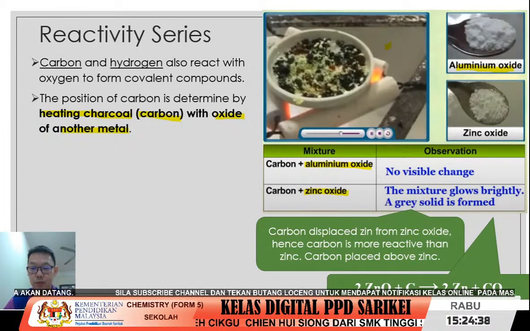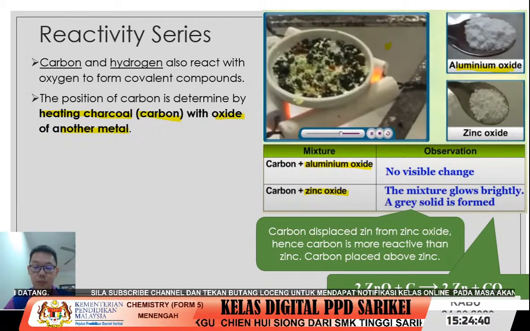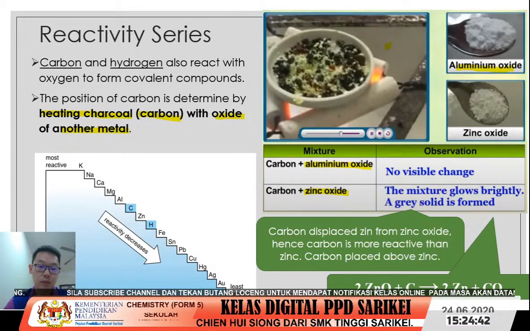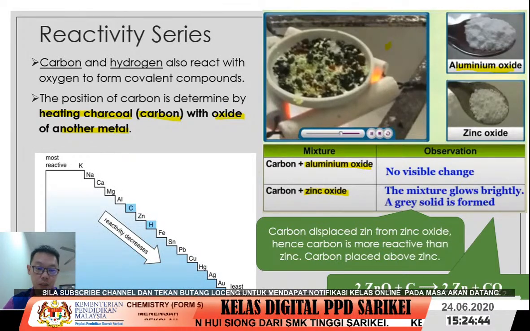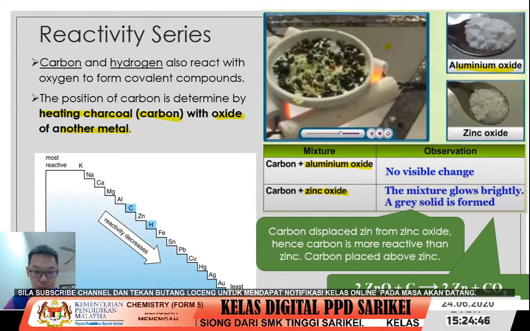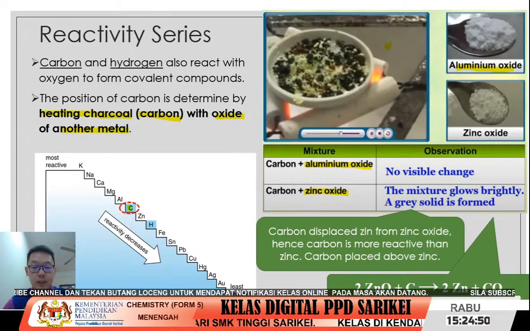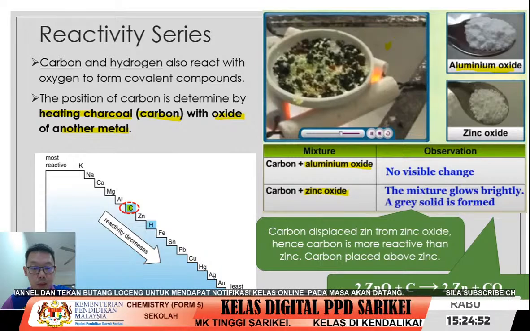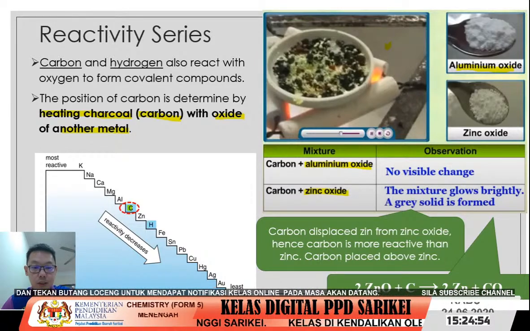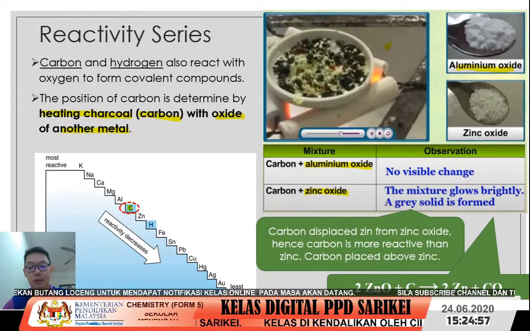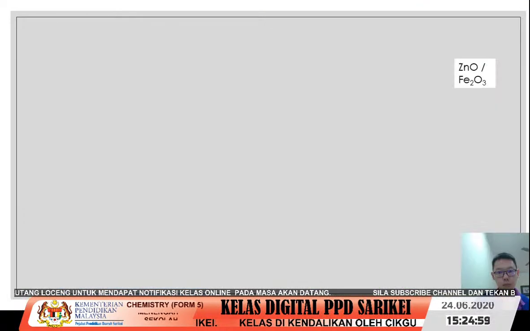So carbon is more reactive than zinc. Carbon is placed above zinc. So where is the position of carbon? Here. Carbon is placed between aluminum and zinc in the reactivity series of metals.